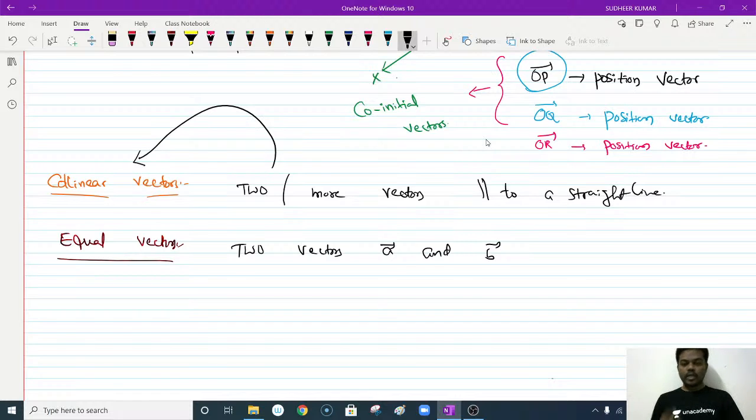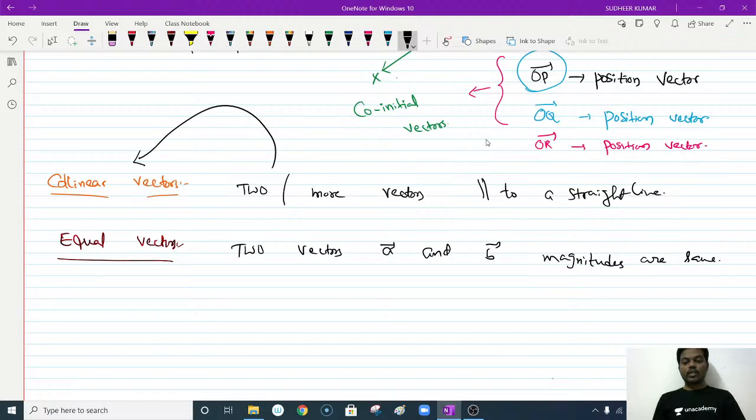These two are said to be equal vectors when their magnitudes are the same and their directions are the same, regardless of the position of their initial points.